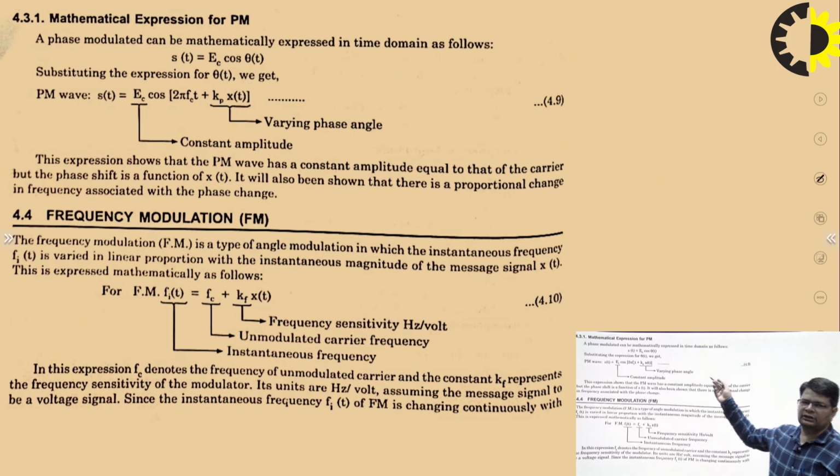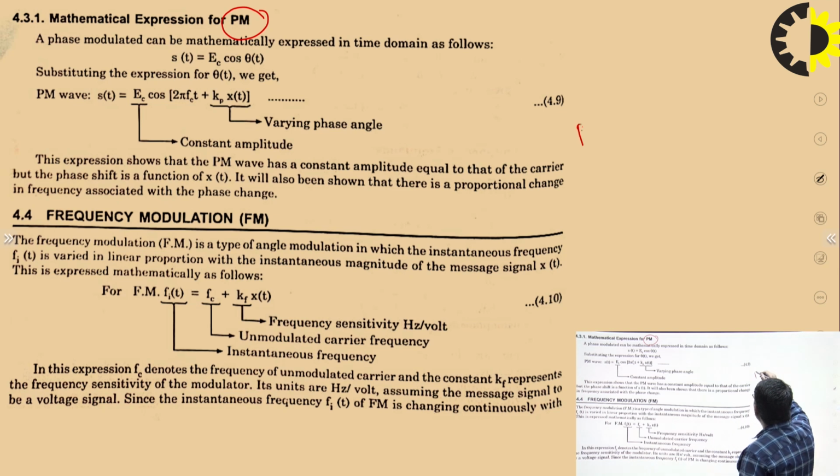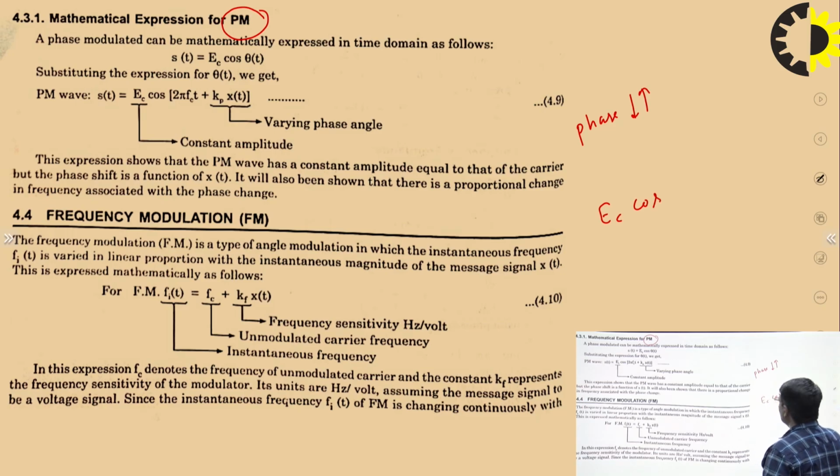The concept that I have discussed related to frequency modulation and phase modulation can be summarized here. In phase modulation, the phase of the carrier is changed according to the message signal. Let's say we have a carrier signal Ec cos of omega ct plus kp into x(t).